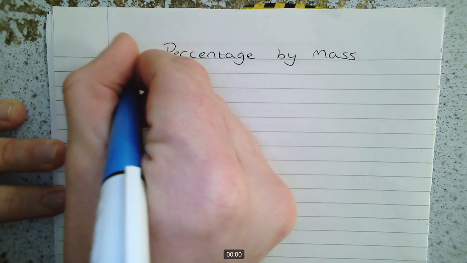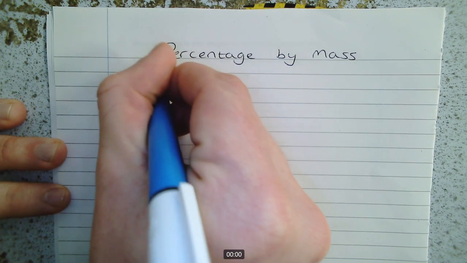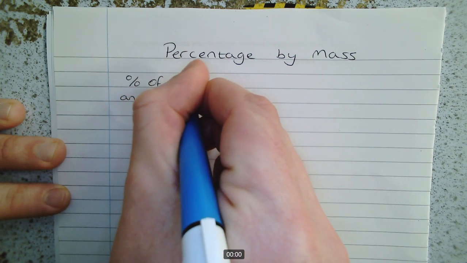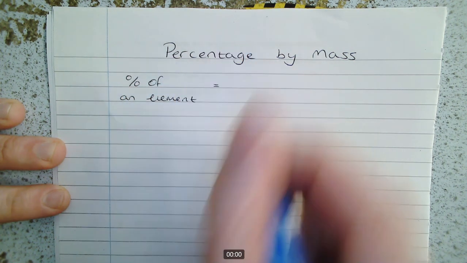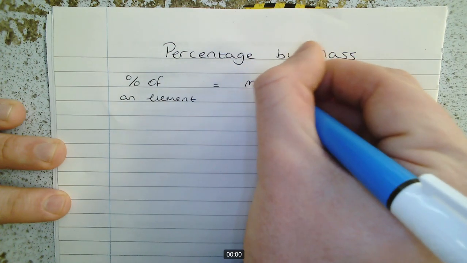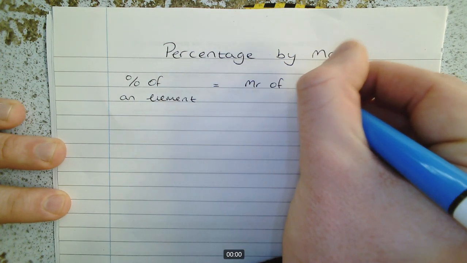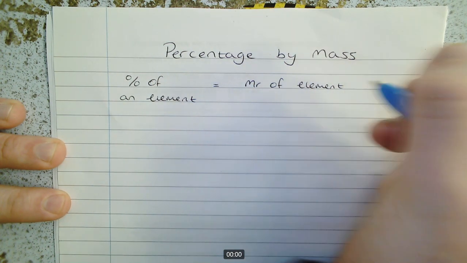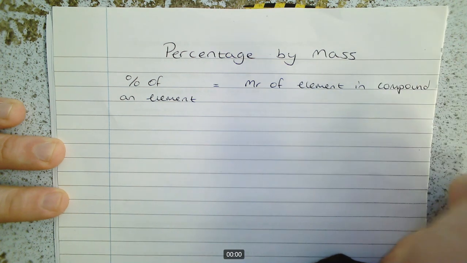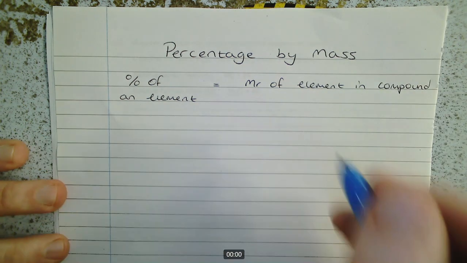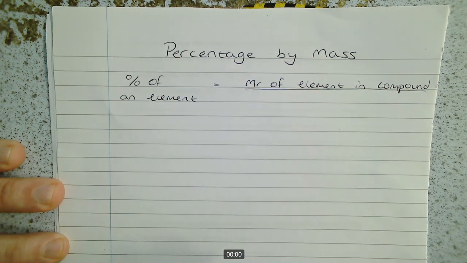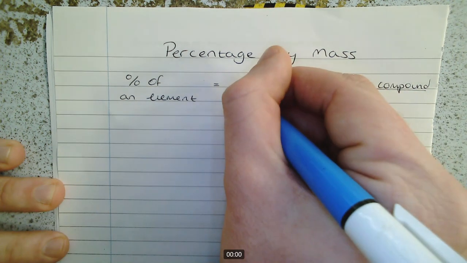So to work out the percentage of an element, you need to work out the MR of the specific element in the compound and divide it by the total MR of the compound.